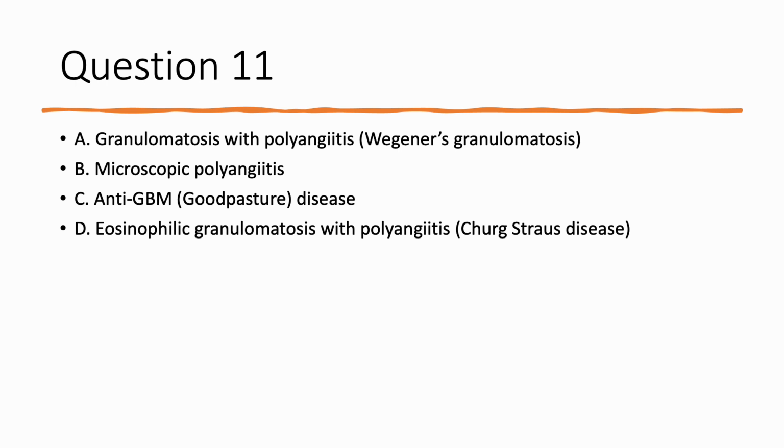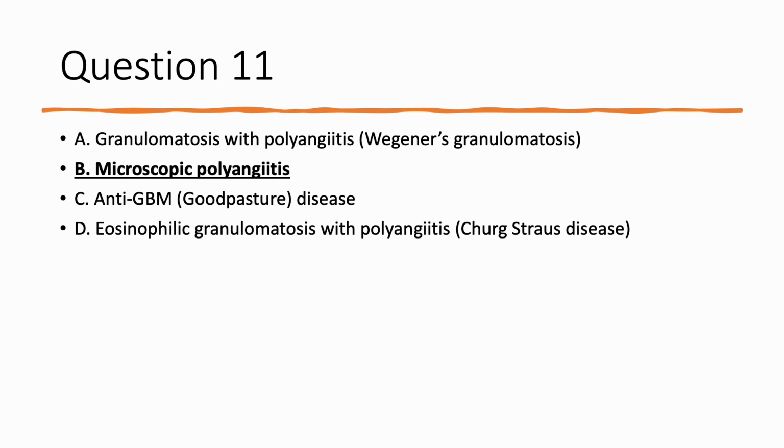Is it anti-glomerular basement membrane disease, or Goodpasture's disease? Is it eosinophilic granulomatosis with polyangiitis, formerly known as Churg-Strauss disease? So think about which diagnosis you think this is, and the answer is going to be on the next slide.